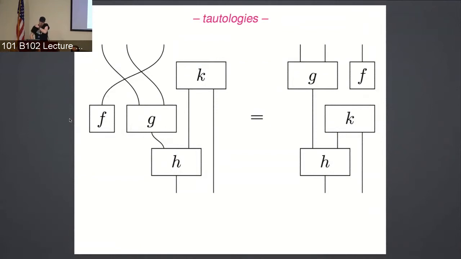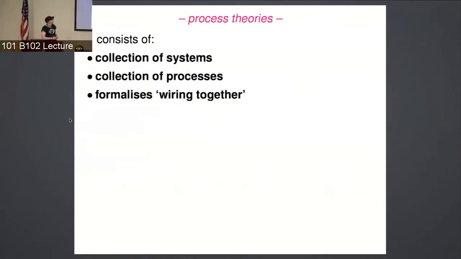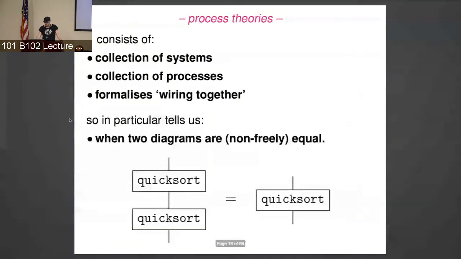Now, a process theory is where you put in some more data, and it consists of a collection of systems, a collection of processes, and it formalizes wiring things together. Basically, it's an interpretation of your diagrams. What are my boxes? What are my wires? And actually, the tricky thing is what it means to wire things together.